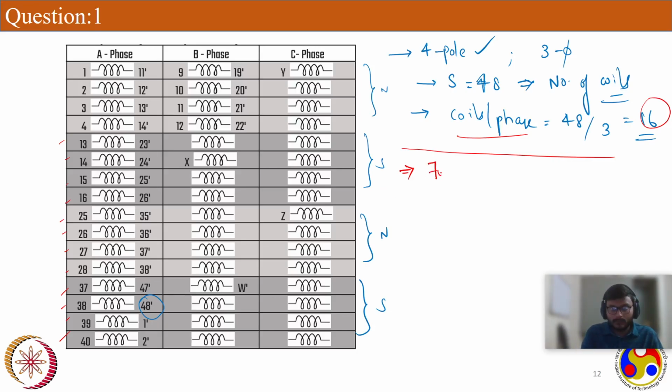Sir, full pitched. Why is it full pitched? Because the electrical degree is 180 degree. Okay, 180 degree should be the coil span in full pitched.